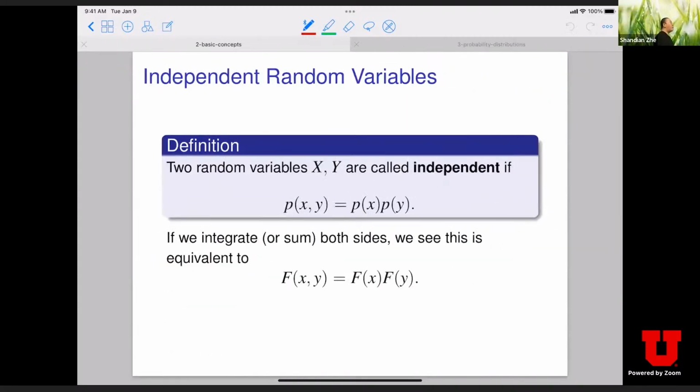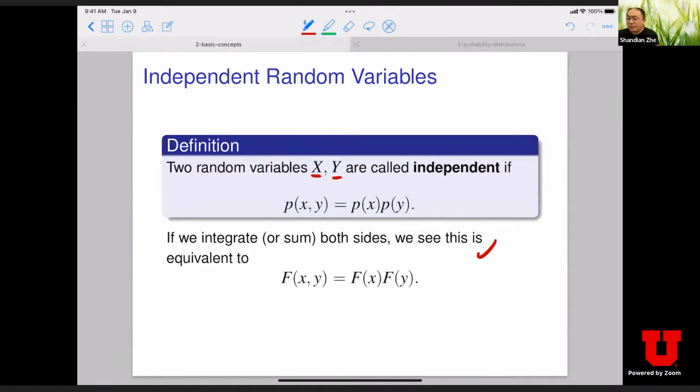Okay, independent random variables. We call two random variables X and Y independent if their joint density equals the product of their marginal densities. We can also view this from the perspective of the cumulative distribution function.